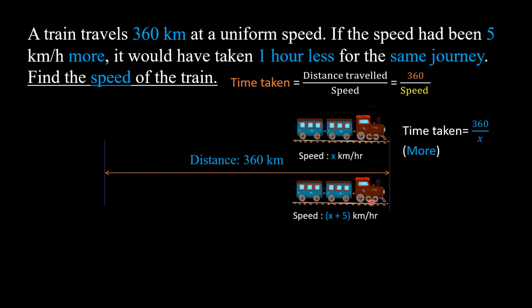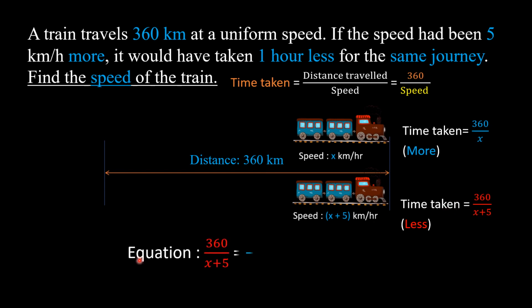After moving faster, it covers the same distance, 360 kilometers. So therefore, the time taken by the train will be 360 divided by its latter speed, which is x plus 5 kilometers per hour. In the second case, the speed moves faster, so the time taken by the train will be less.